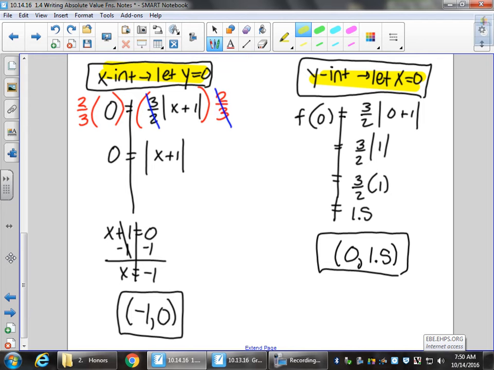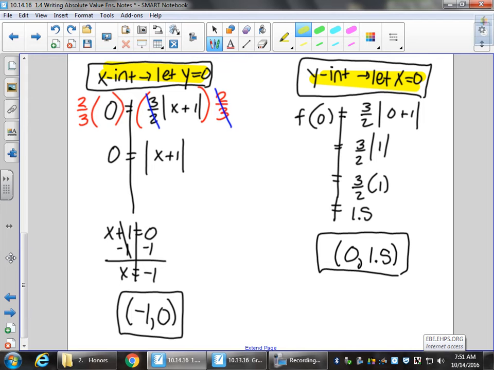Yes. Why would this be no solution? Well, okay, well. Because anything in absolute value bars, will it ever equal a negative number? Ever, ever, ever? No. Like the absolute value of a negative number kicks out what? Like what's the absolute value of negative 5? What's the absolute value of 5?